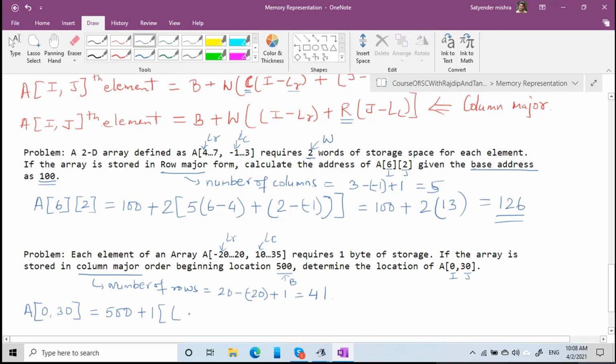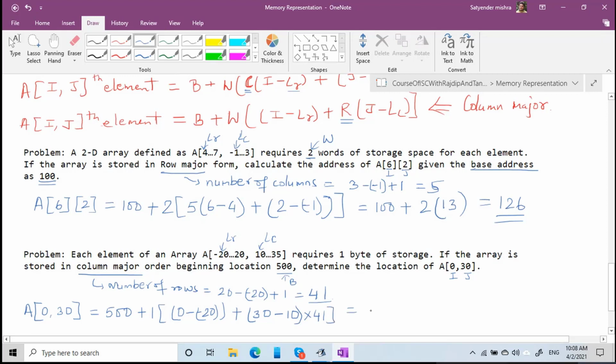Then we write here the first one, I minus LR. So I is here 0 and LR is minus 20. So we put here minus 20 plus J, which is 30 here, minus LC, which is 10, multiplied by the number of rows. So the number of rows is 41, so we multiply it with 41 and close the bracket.